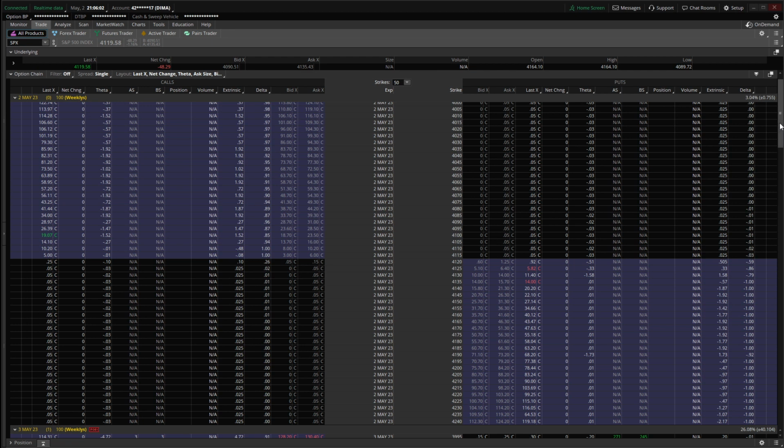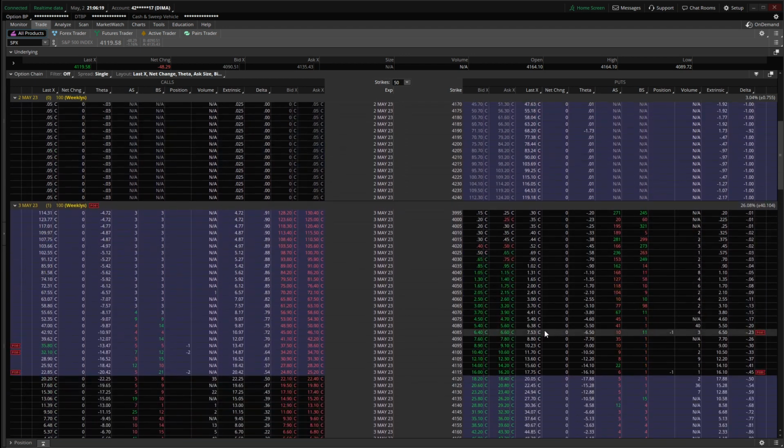Okay, so the other option, so that was the 4135. The next one was the 4125, and for that one I collected $140 worth of premium in the morning, and that one I ended up rolling to 4085, and it's right here. And for that roll, again, I could have rolled it down even further, but I wanted to collect more premium.